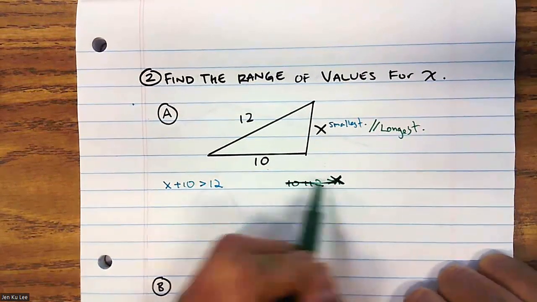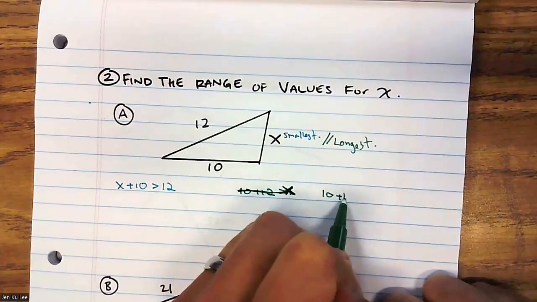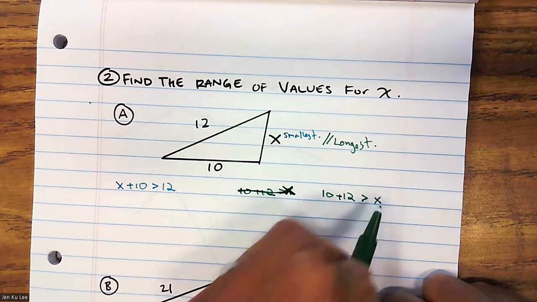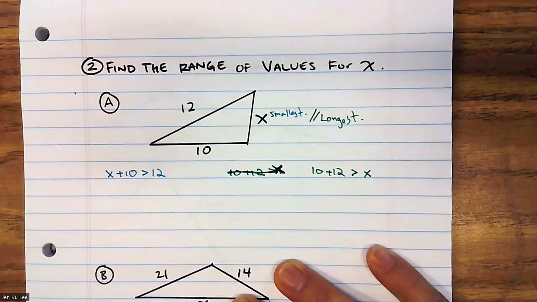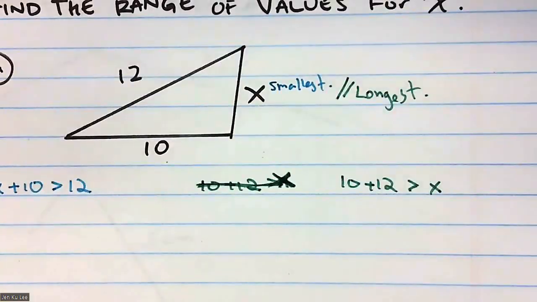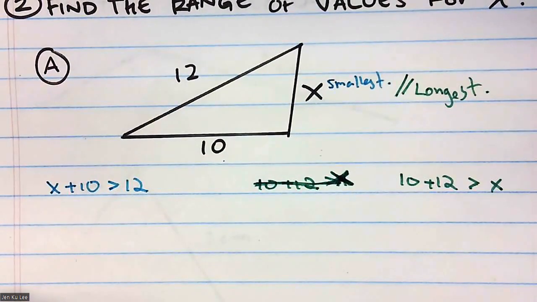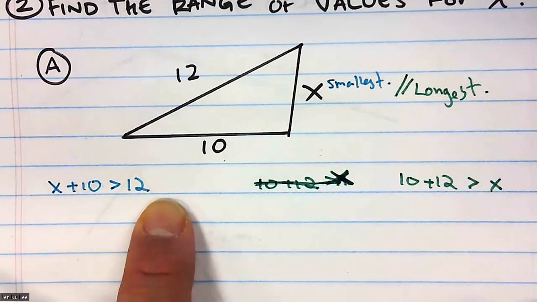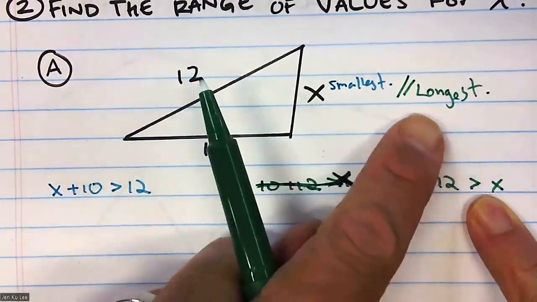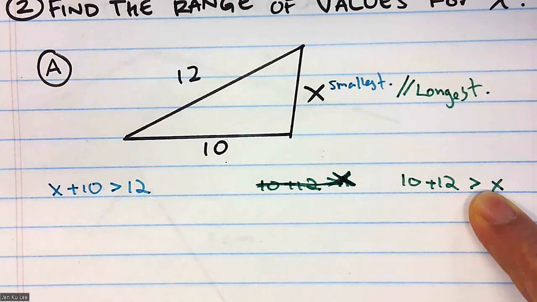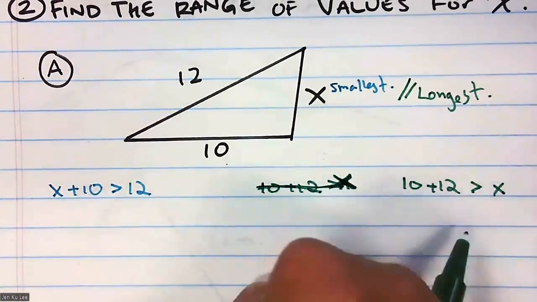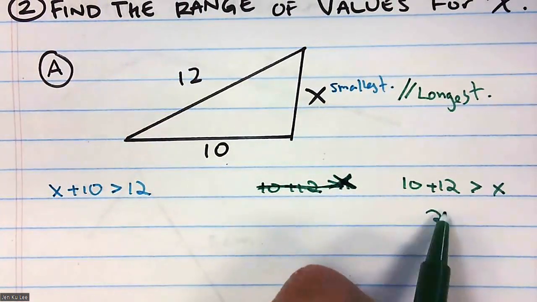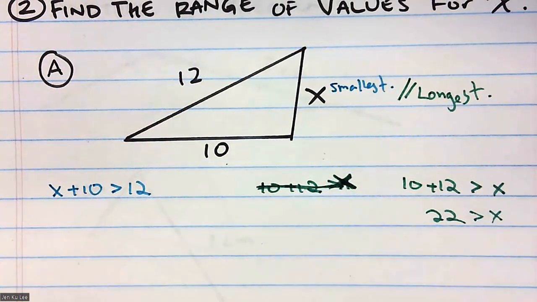Let me write that again. 10 plus 12 needs to be greater than x. Okay. x is the smallest side: x plus 10 is greater than 12. x is the longest side: 10 plus 12 is greater than x. So here, 22 needs to be greater than x.